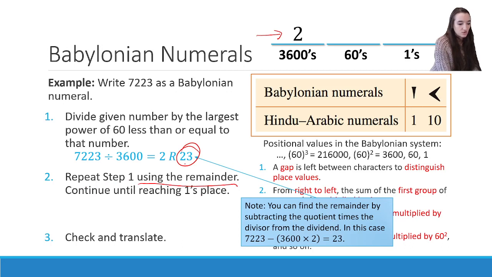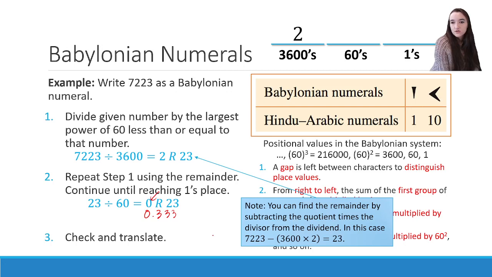So I will take 23 and figure out what is the power of 60 that is less than or equal to that number. In this case, technically 60 is not less, and we'll see why. If I did 23 divided by 60 in a calculator, it's technically 0.333 repeating. So it's 0 with a remainder.